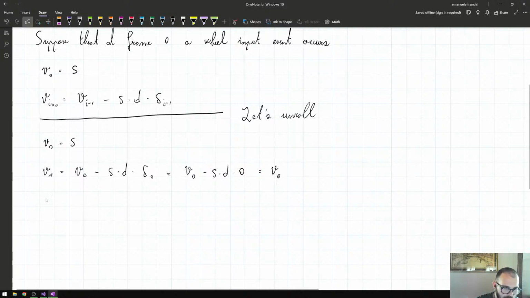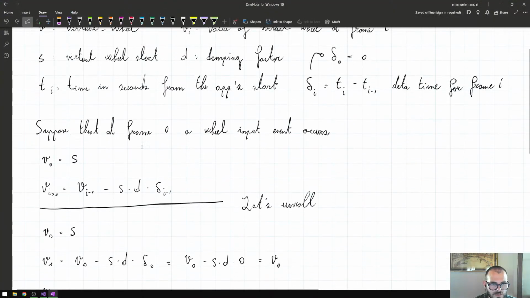Suppose that at frame 0 a wheel input event occurs, so it will be set at frame 0.